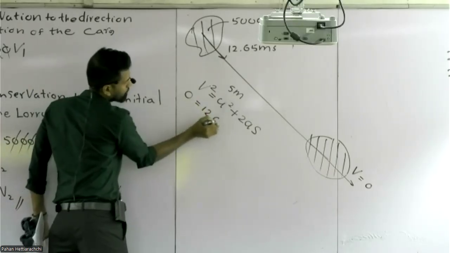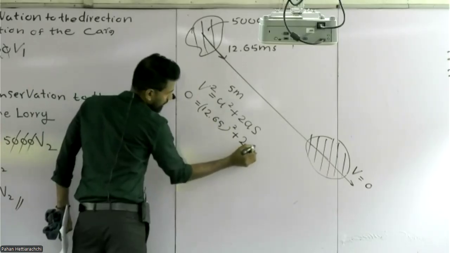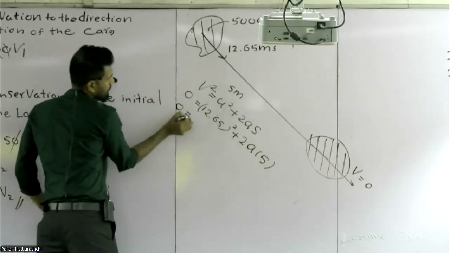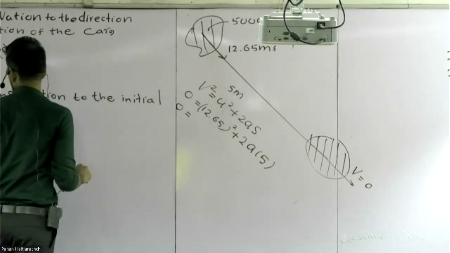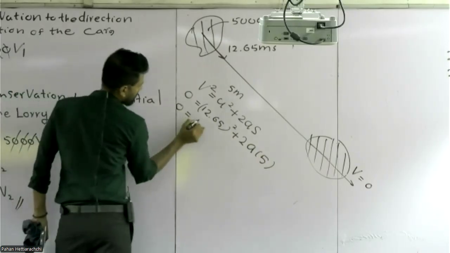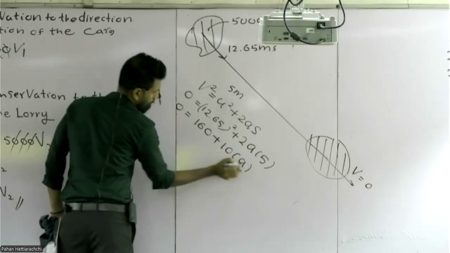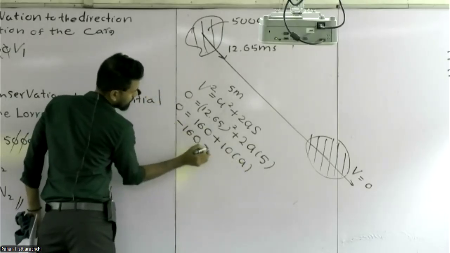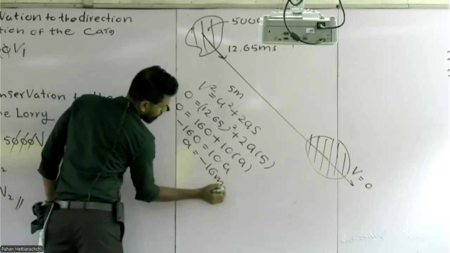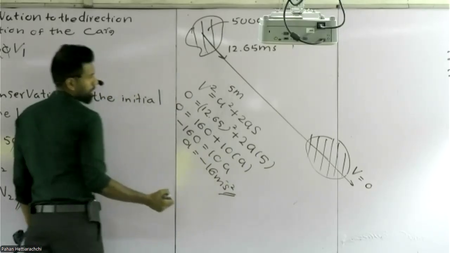Initially 12.65 squared, 2, acceleration is a, s is 5. 0 is equal to, we got 12.65 through root 160, so it's 160 plus 10a. Minus 160 is equal to 10a. a is equal to minus 16 meters per square second. Okay.